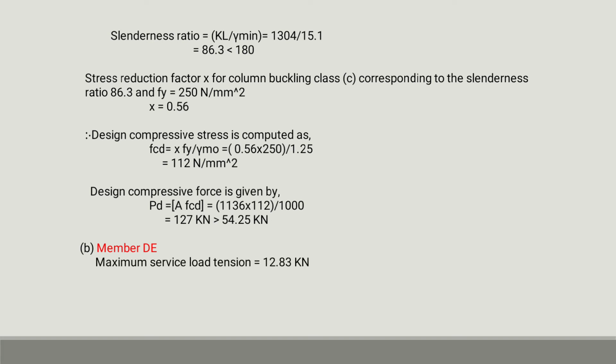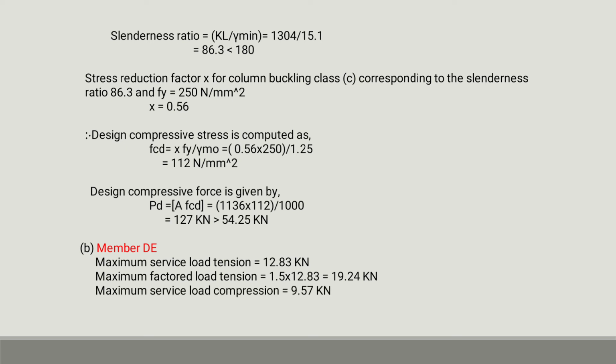Maximum service load tension is 12.83. Maximum factored load is 1.5 into 12.83, which is equal to 19.24, because the factor load is multiplied by the normal load. Maximum service compression load is 9.57. Then maximum factored compressive load is equal to 1.5 into 9.57, which is equal to 14.35 kilonewton.